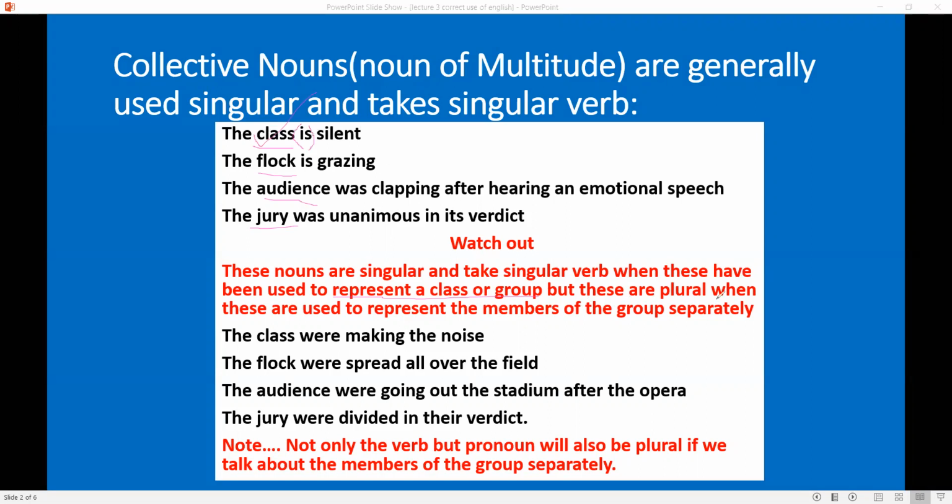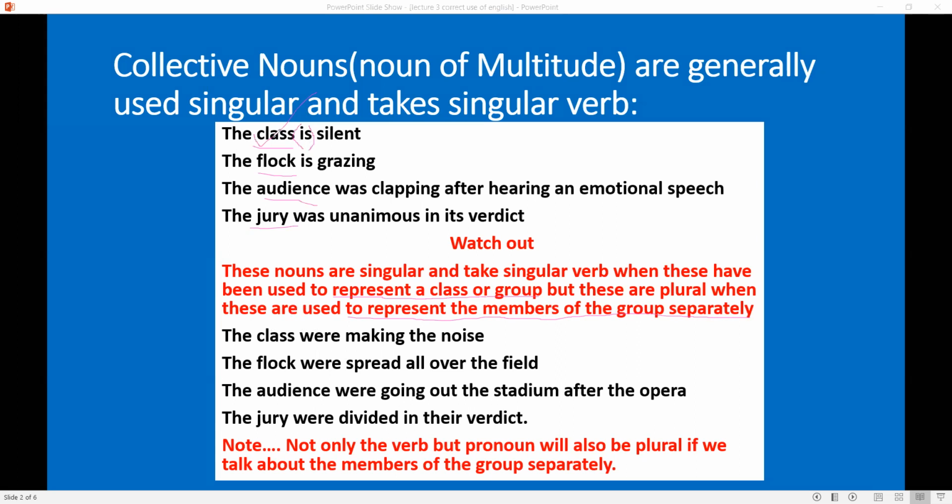But these are plural when they are used to represent the members of the group separately. When each member of the group is representing his own individual self, these collective nouns or nouns of multitude become plural and, in that case, take a plural verb.